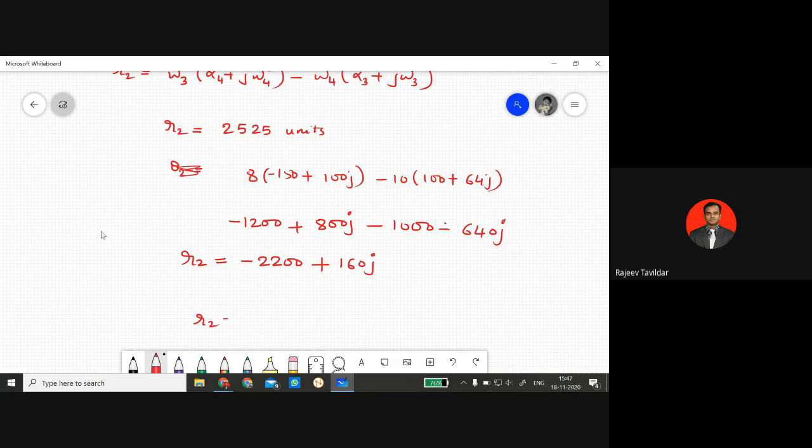So R2 will be the square root of minus 2200 square plus 160 square. So the answer I told earlier is correct. My answer is correct: 2205.